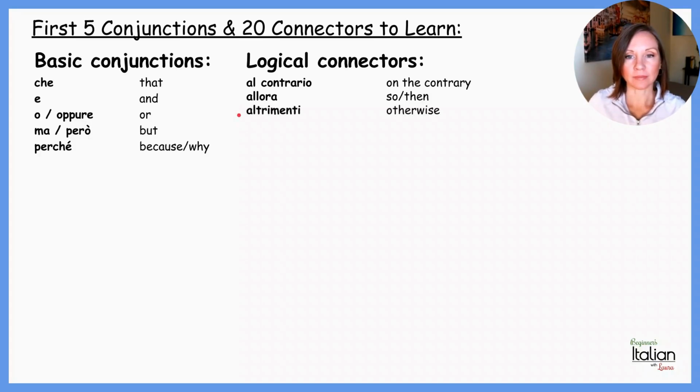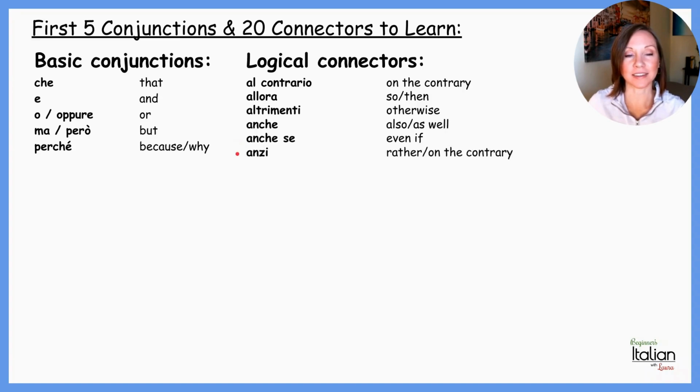Altrimenti, otherwise. Anche, also or as well. Anche se, even if. Anzi, rather or on the contrary.